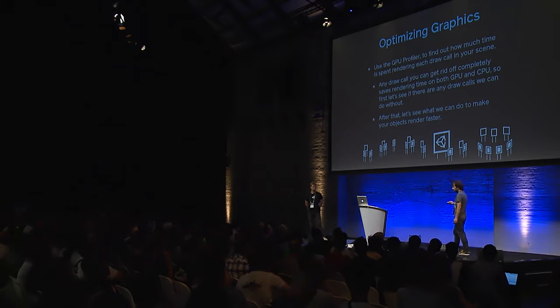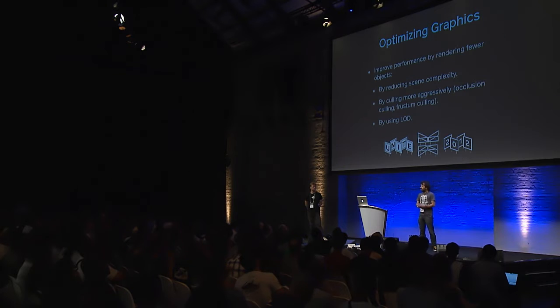And only after that, we'll see how to make your rendering perform as fast as possible. So, you can render fewer objects, obviously, by making your scene less complex. But you probably don't want to reduce the fidelity of your scene. So there are some other things.